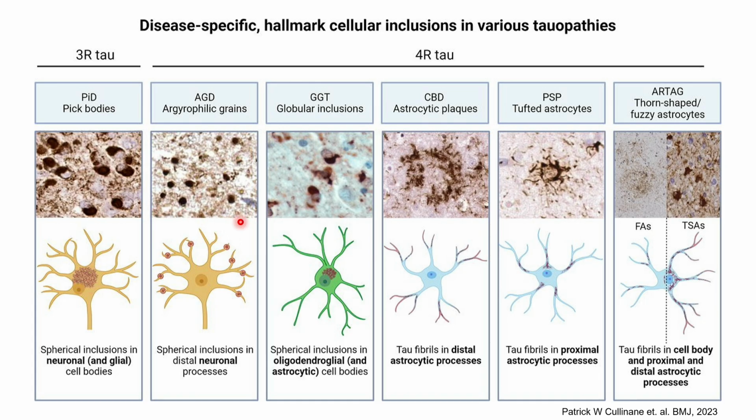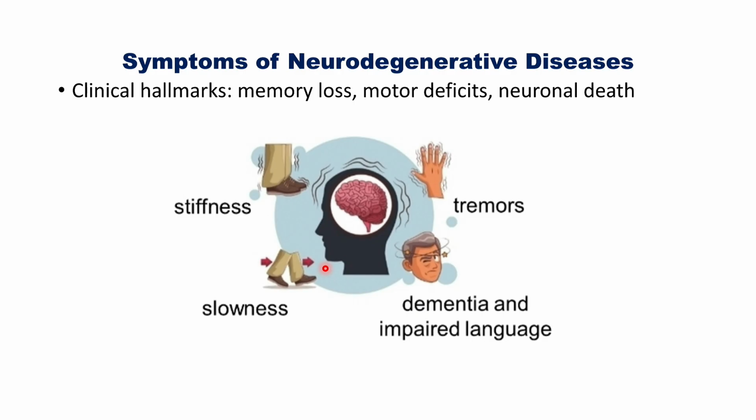You can see that it is the tau which is getting accumulated, correct? But depending upon the location and the number of tangles, it is causing a spectrum of disease. General symptoms of neurodegenerative diseases are memory loss, motor deficit because of stiffness, tremors, dementia and impaired language.